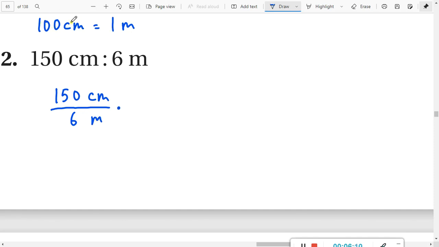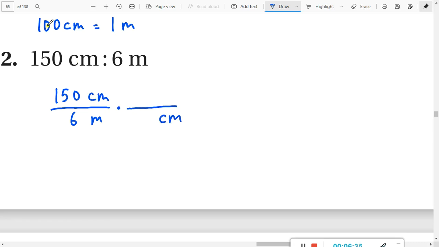When you have two things that are equivalent, you can just multiply by one over the other. Since I want centimeters to cancel, and I have centimeters on top, on my next fraction I want centimeters on the bottom. This way it will cancel top and bottom.